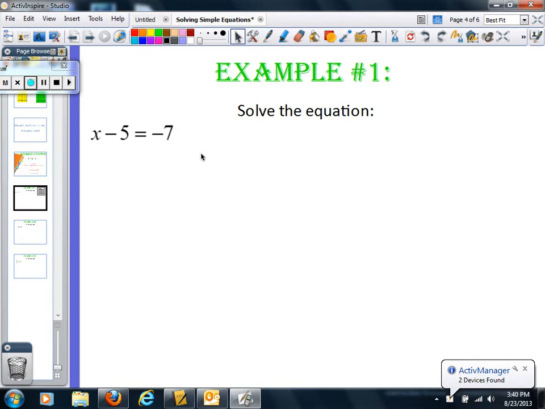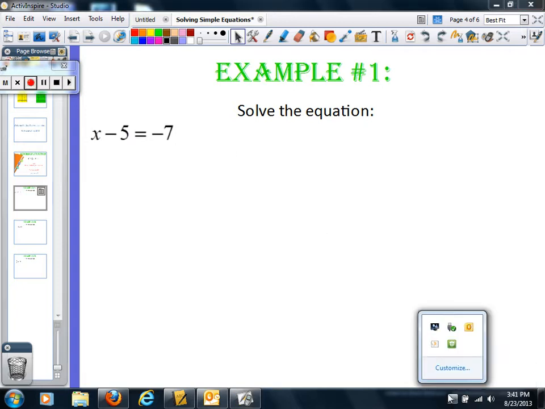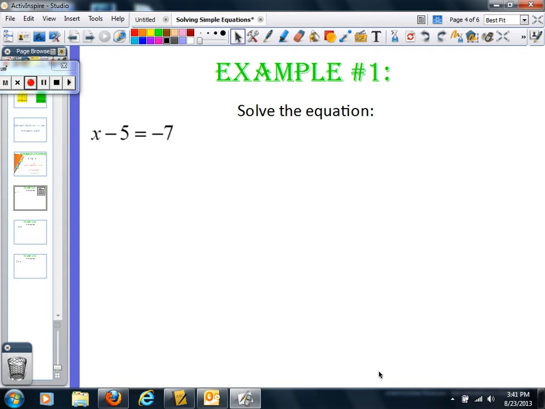My board all of a sudden quit working again. Let me try to turn it on and off. This sucks. Okay, well, this thing doesn't want to work. So we're going to switch it up, and I'll just go to writing on the board.